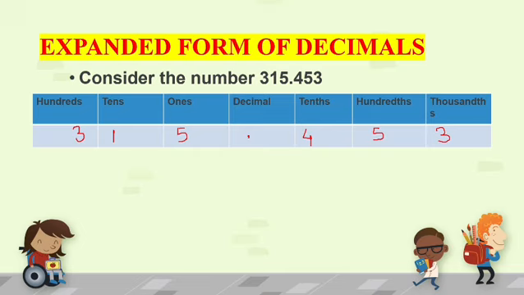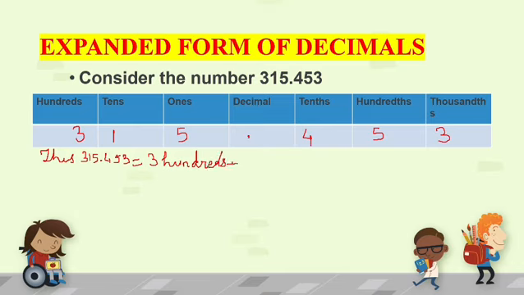So how are we going to write? We are going to write 315.453 equals, 3 is in hundreds place, so write down 3 hundreds. First we are going to write in words, 3 hundreds.